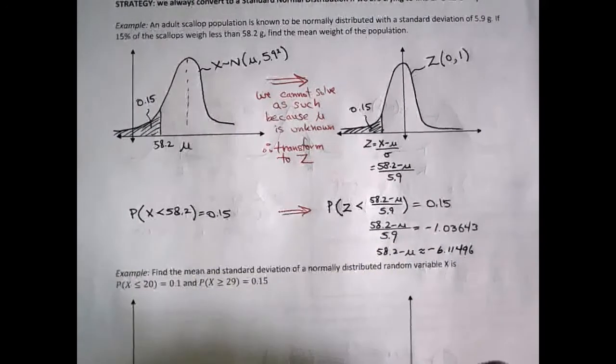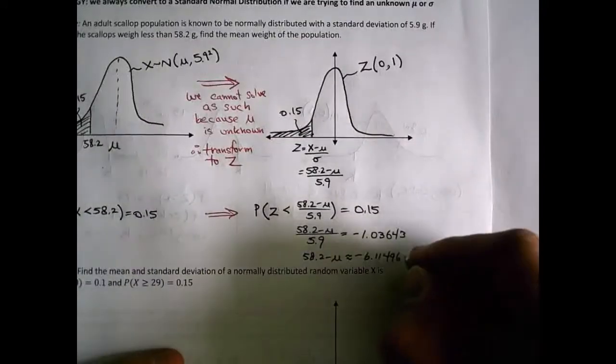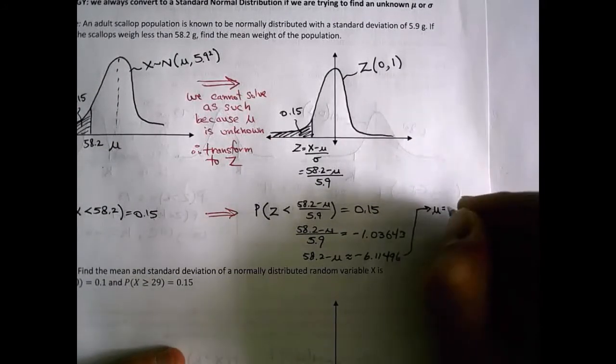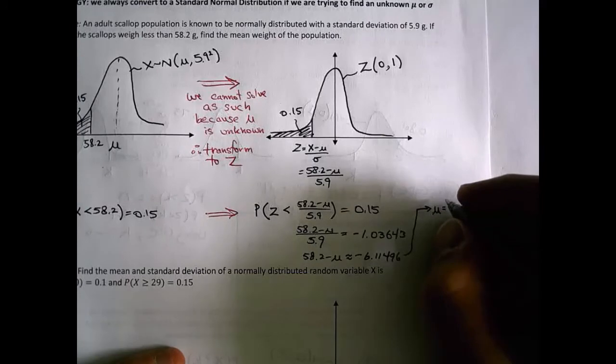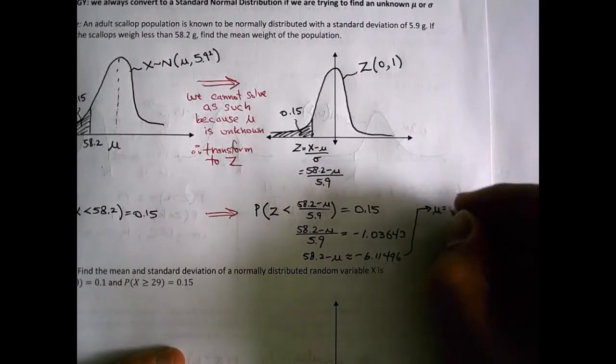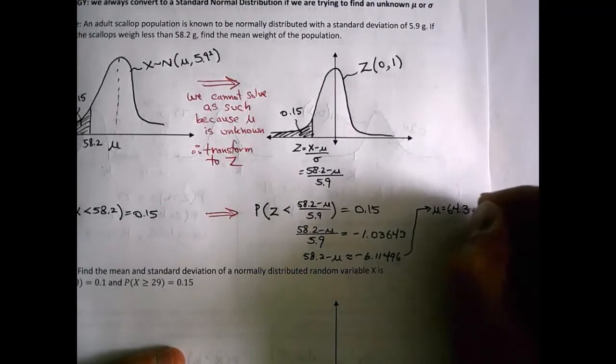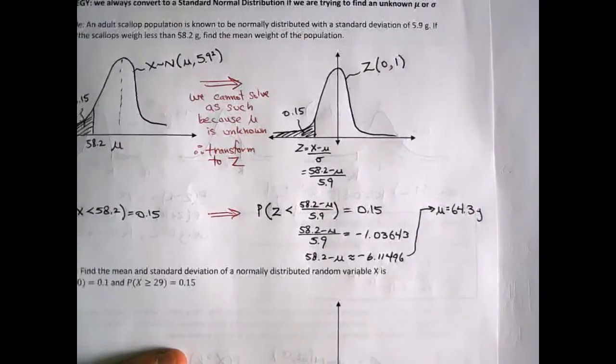That's with my calculator. And then I'm just going to solve for mu. Mu is equal to, if you solve for this, eventually you're going to get 64.3 grams. So that is the average weight of the scallop.